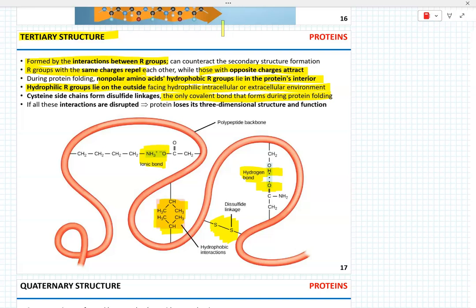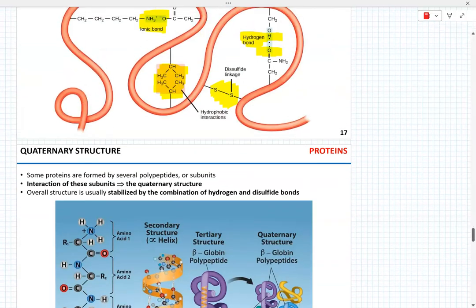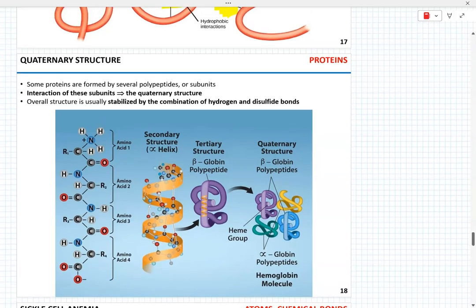It's important to understand that when all these interactions are interrupted, the protein loses its structure and therefore loses its function. This process of a protein losing its structure and function is called denaturation.